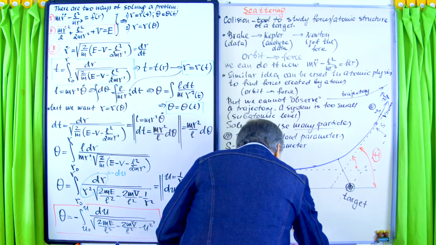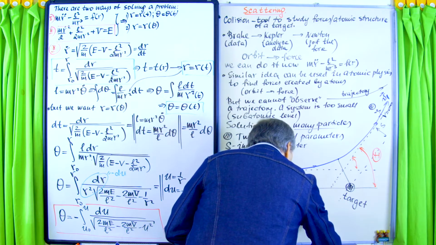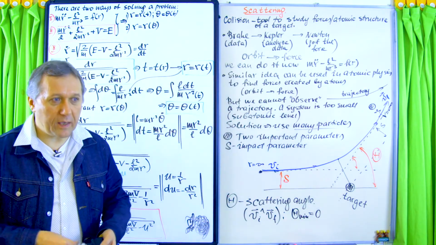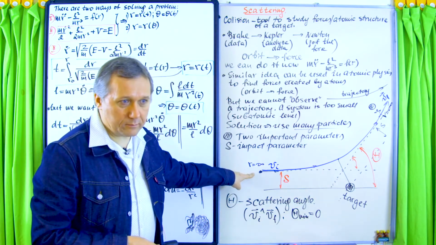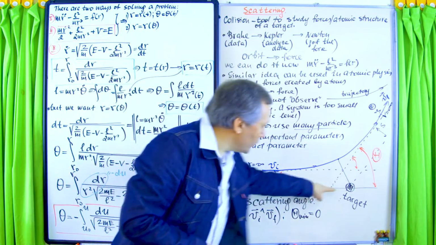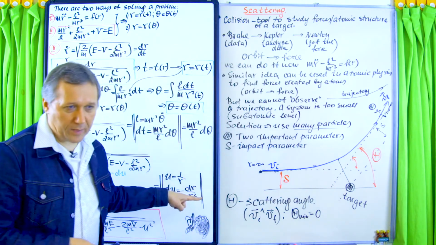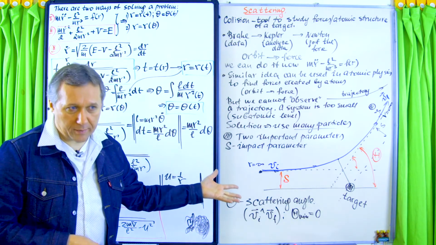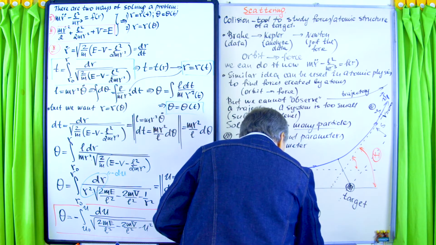So I can write that theta minimum is 0. But what about theta maximum? If we had a head-on collision, so if this particle goes straight into the target, of course it will bounce back, right? So in that case, the angle will be pi, right? So theta maximum will be pi for head-on collision.